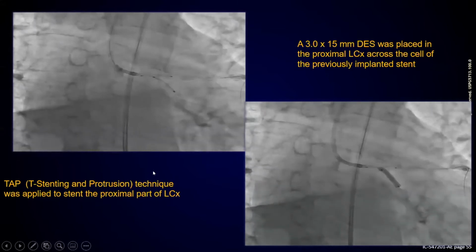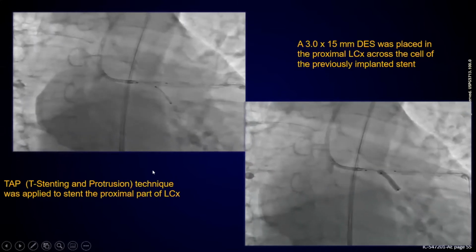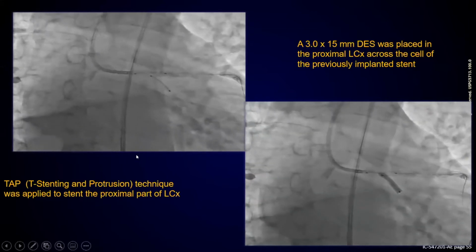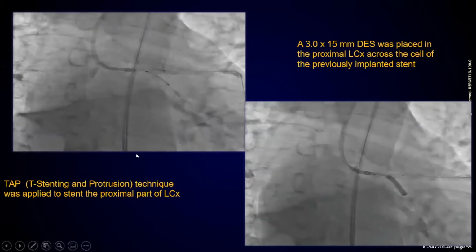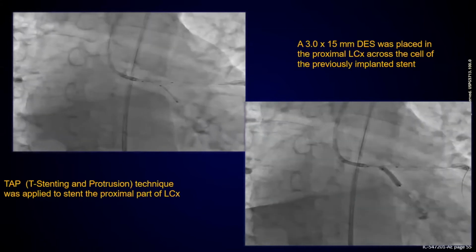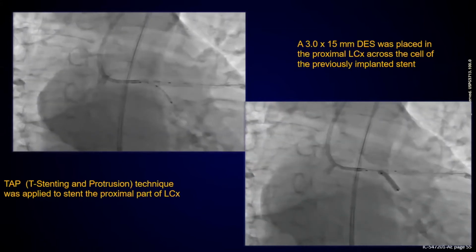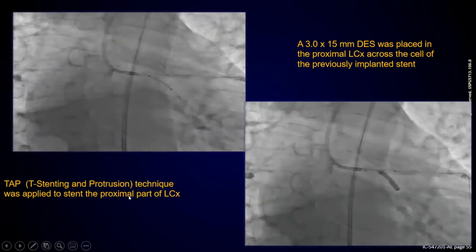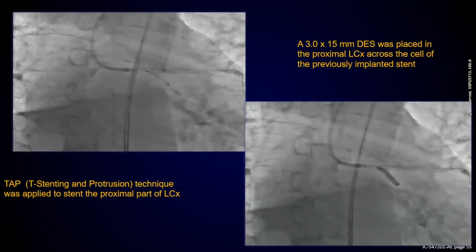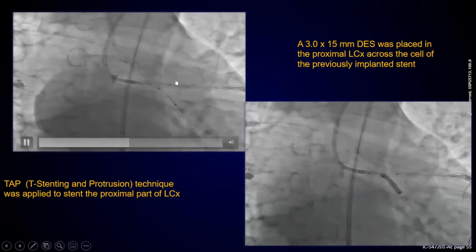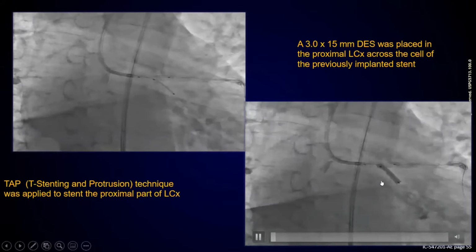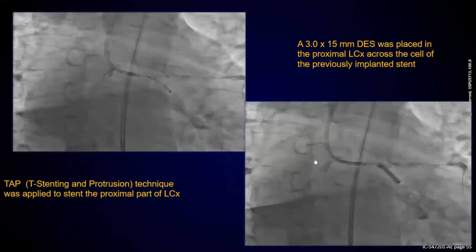And then obviously my two favorite techniques are either TAP or the blocking balloon. Very, very rarely I use Culotte. So the TAP, which stands for T-stenting and protrusion technique, was applied to the proximal circumflex. And then obviously you could see the stent is fully up.